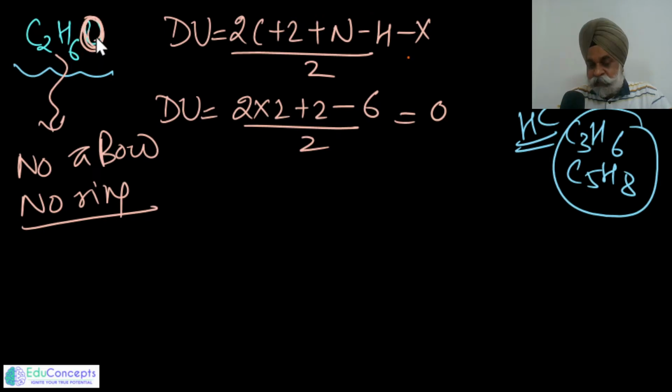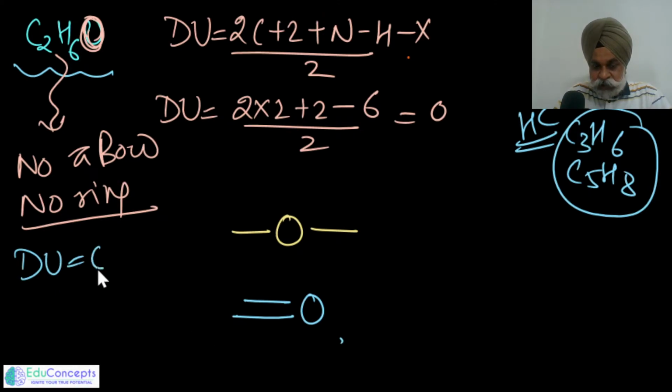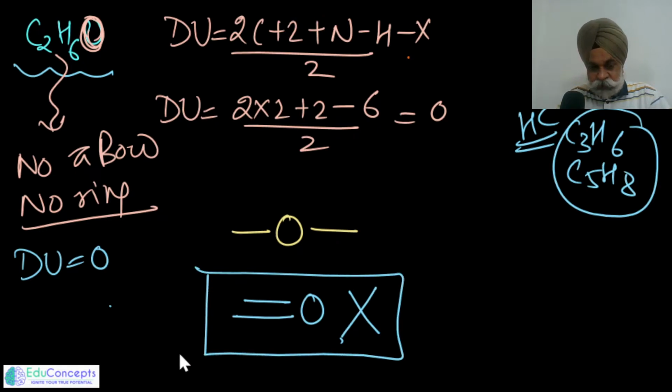Oxygen came into the picture. Oxygen has a bonding arrangement of two types: either oxygen can join through both sides with single bonds, or with one double bond. As soon as the degree of unsaturation is 0, this possibility is omitted.